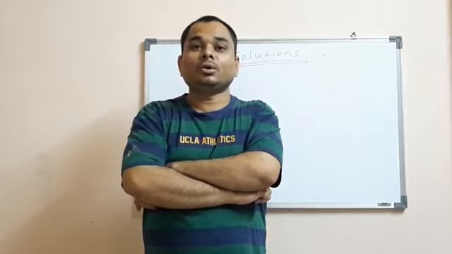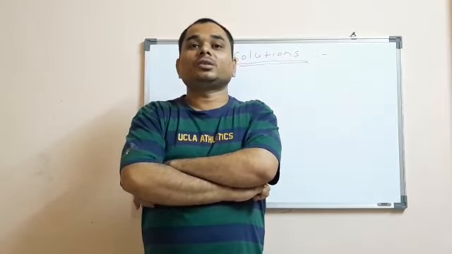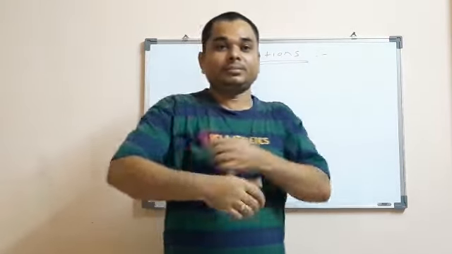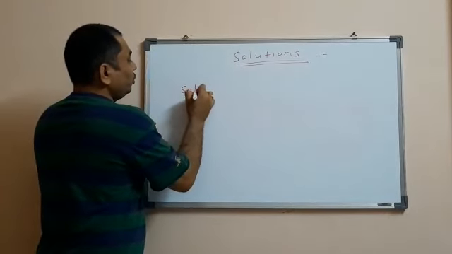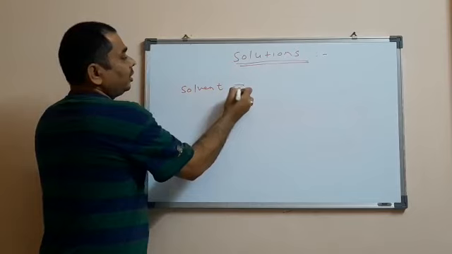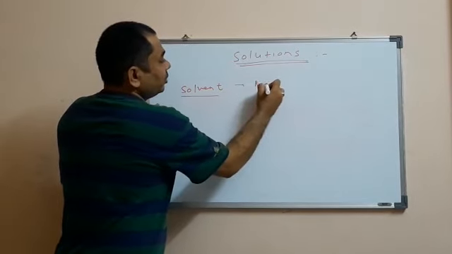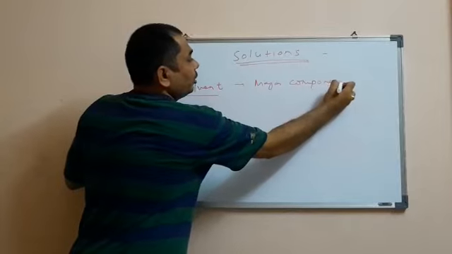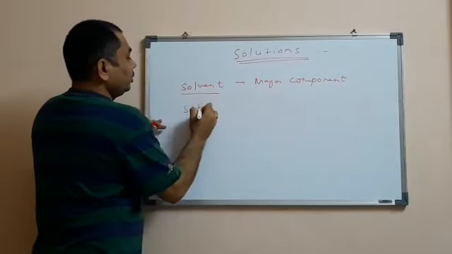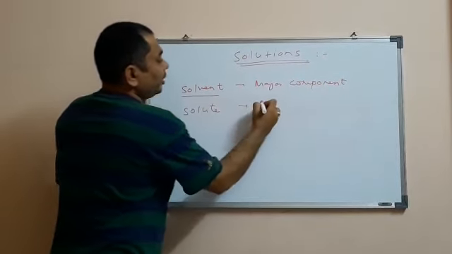A binary solution contains only two components. One component is the solvent, which is the major component, and the other component is the solute, which is a minor component.